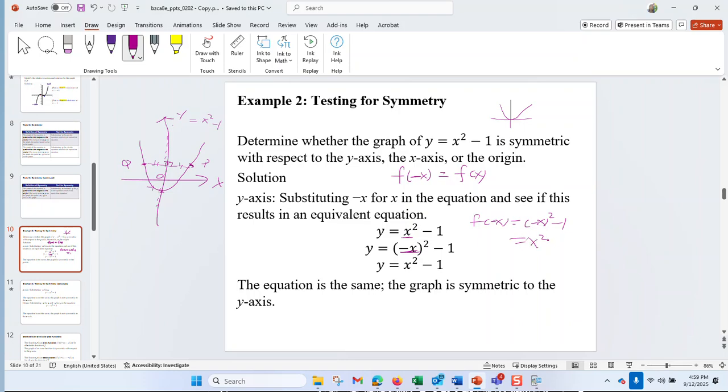So my f of negative x actually is equal to x squared minus 1, and this one is equal to f of x. Look at it, this y is my f of x. So if you replace x by negative x and you still come out with the same function, that is symmetry. That is an even function. So this one will be an even function. Or the even function is symmetric with the y-axis.